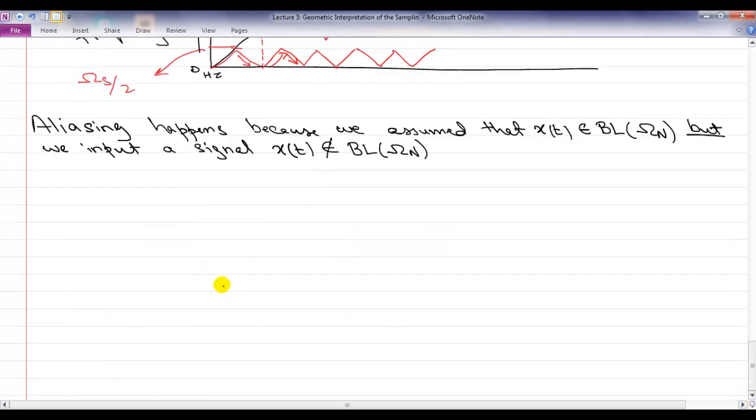So the solution is, before we sample the signal, to take our input signal and make sure it belongs to the mathematical model that we assumed. We assumed that our signal belongs to the mathematical model of band limited signals. Let's make sure that it belongs to that before we do the sampling.